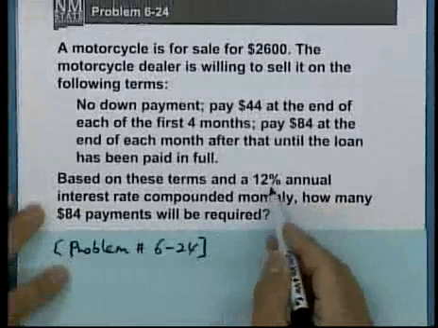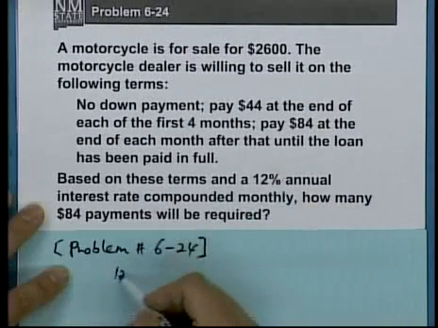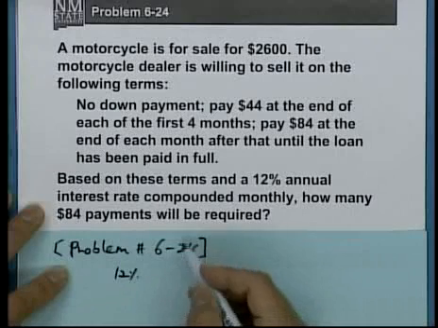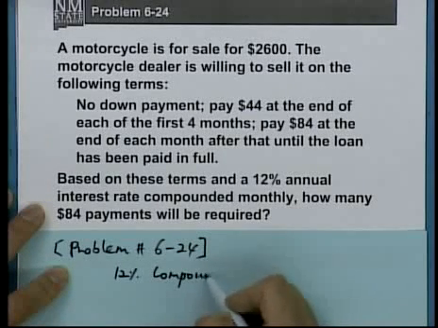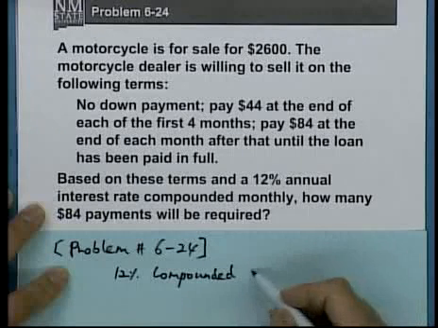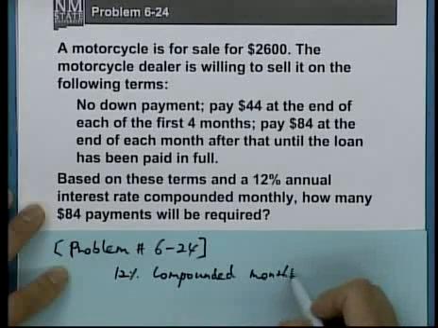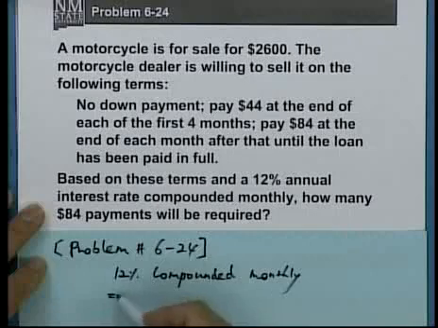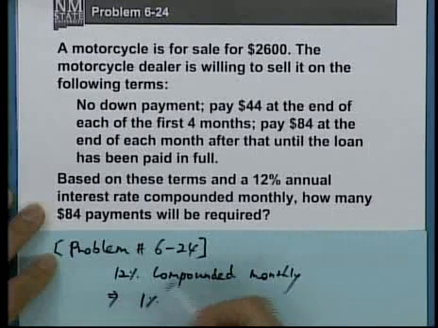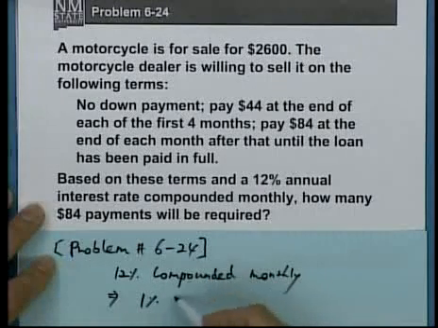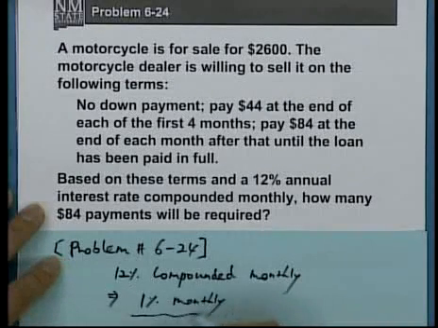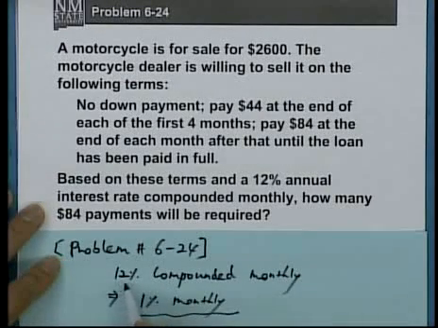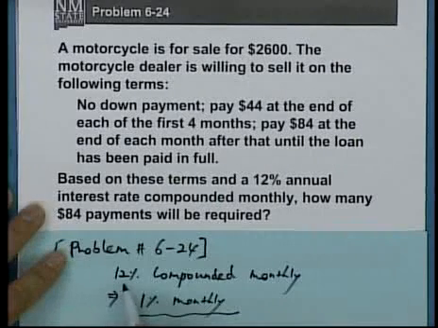Here the given interest rate is 12% compounded monthly, which means 1% monthly interest rate, because 12% divided by 12, because there are 12 months in a year.